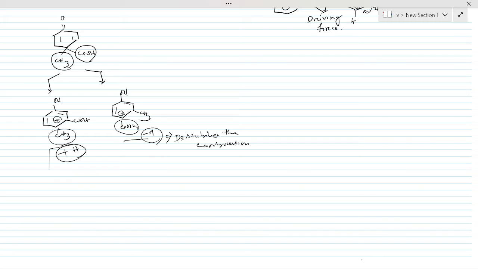So out of these groups, the methyl group will remain intact and the COOH group will migrate. After that rearrangement, by the same procedure, it will form your phenol like that.